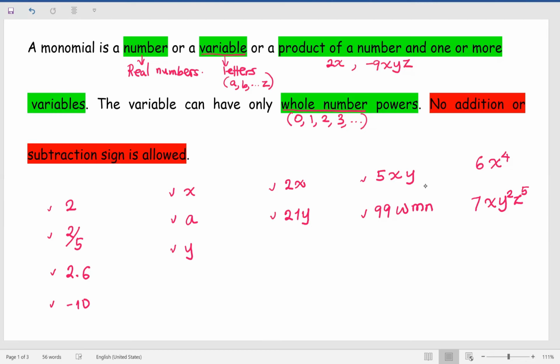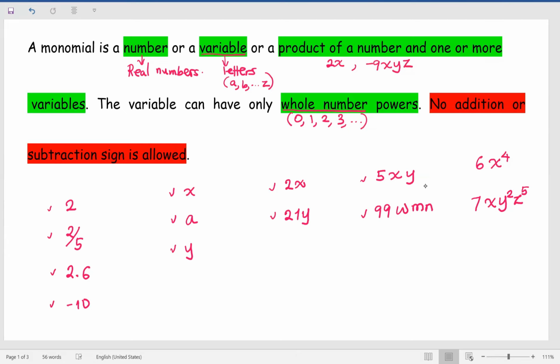But if you will have a negative power, then that one will not be a monomial. I hope you get that. So, in other words, you should not have division of a variable, because when you divide a variable, this means that it will have a negative power.